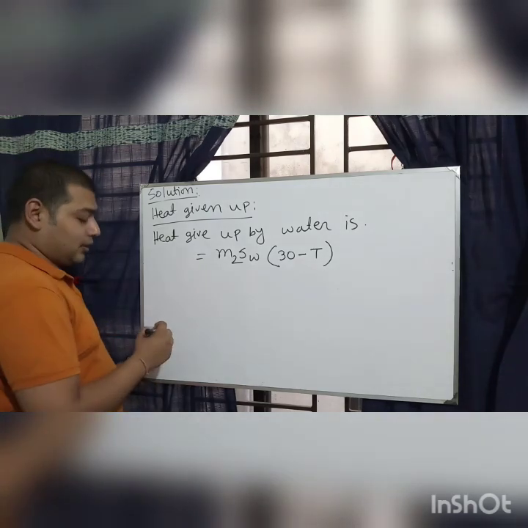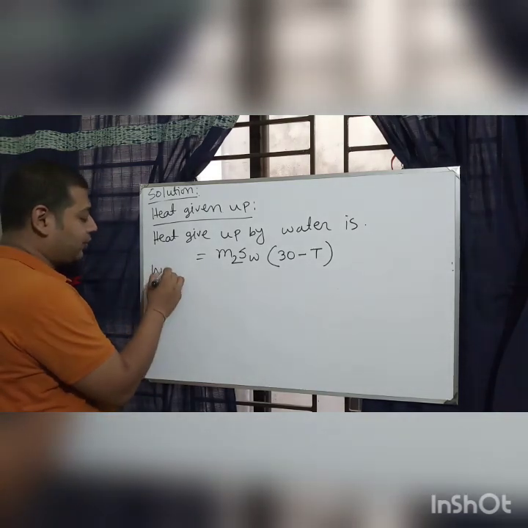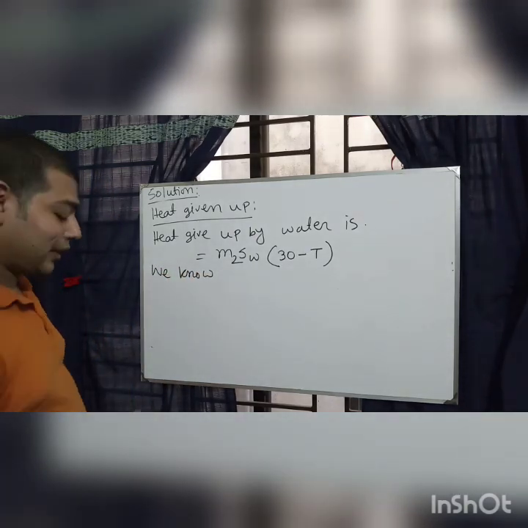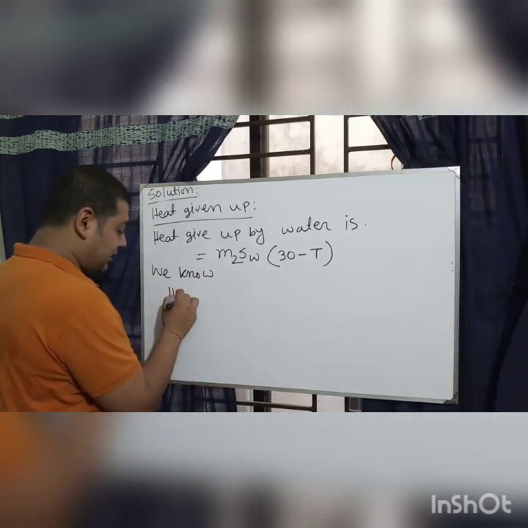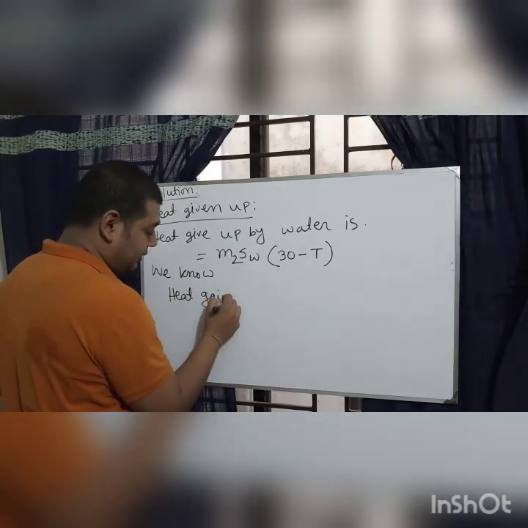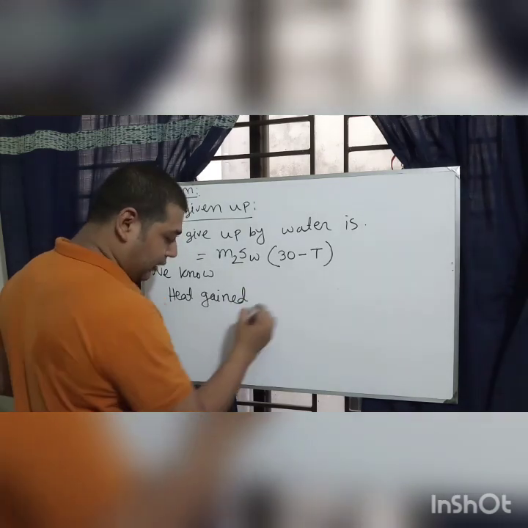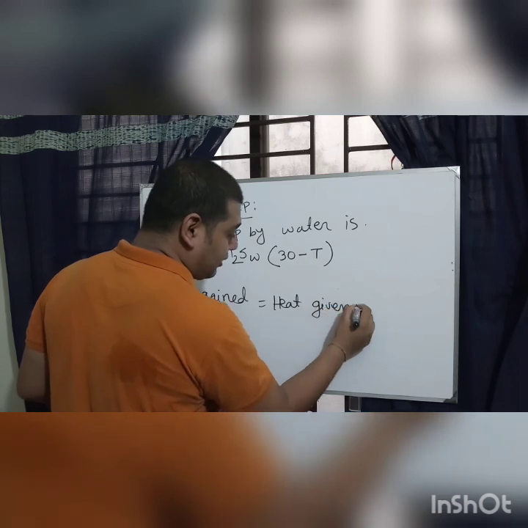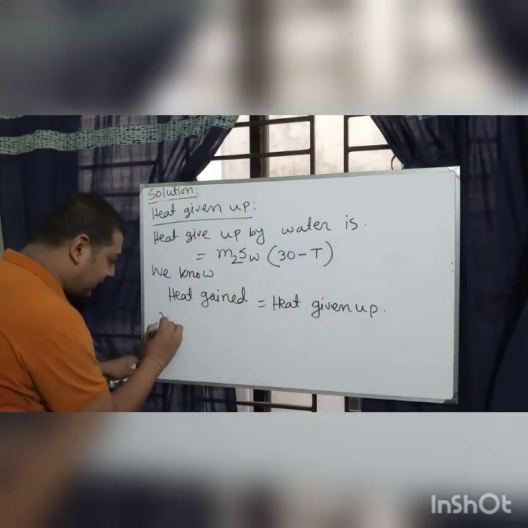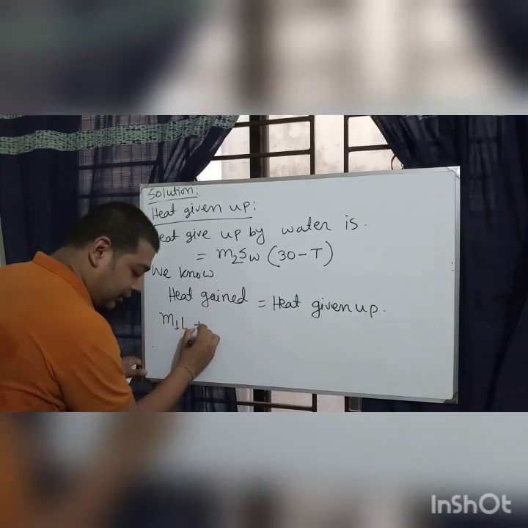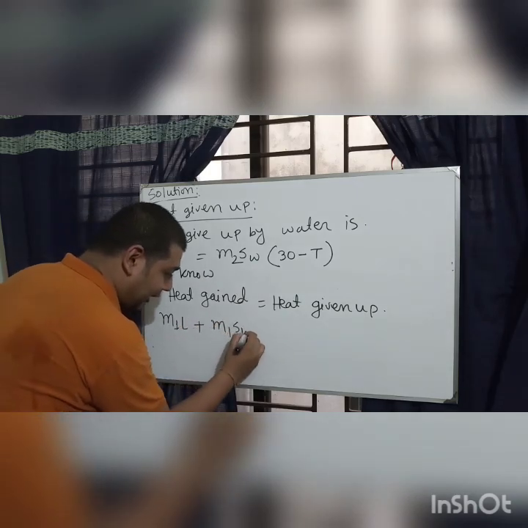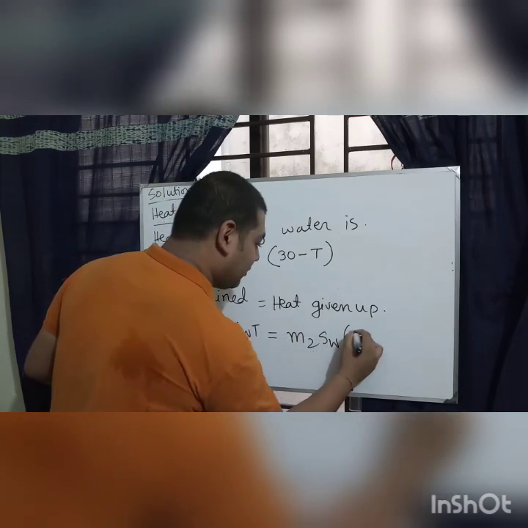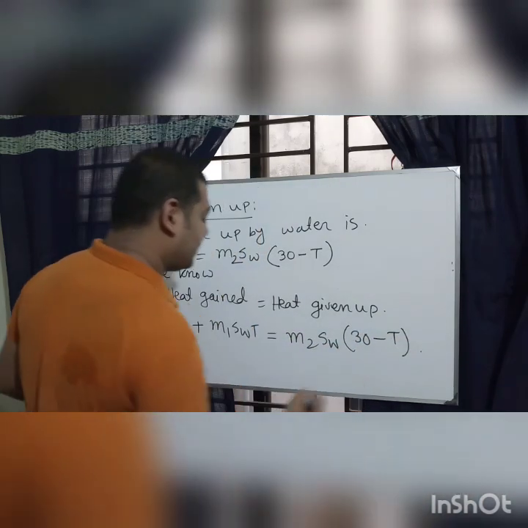Okay, so we know from the fundamental principle of calorimetry that heat gain is equal to heat given up. So we can write m1L plus m1 SW T equal to m2 SW (30 minus T).